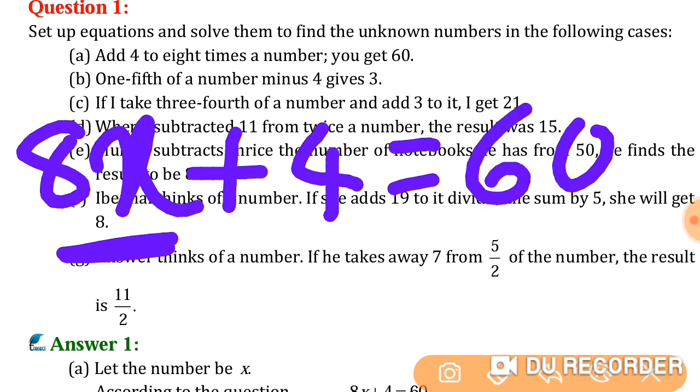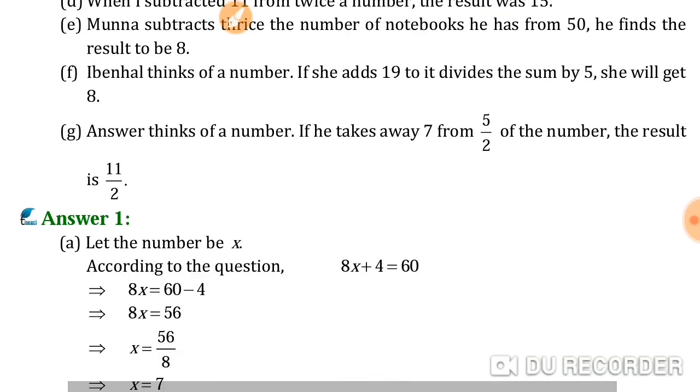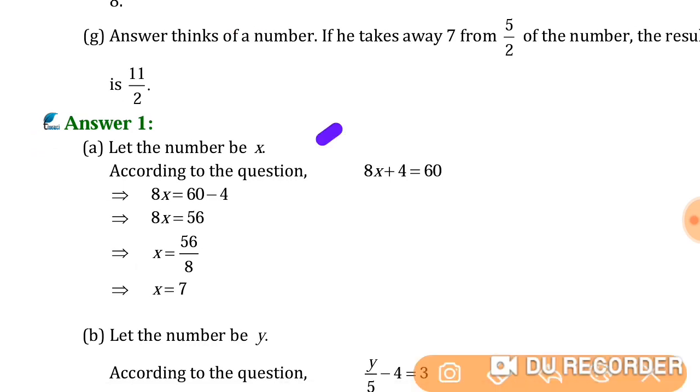First, I'll write it as in the statement. Let the number be x. According to the question, 8x plus 4 is equal to 60. Not only framing the equation, we have to solve it.